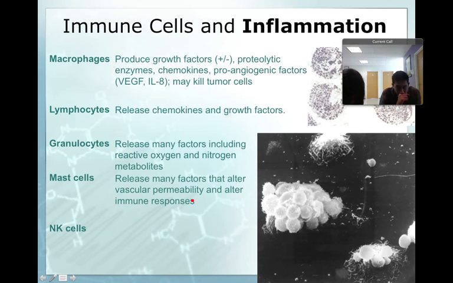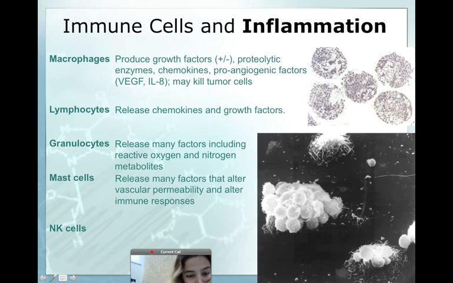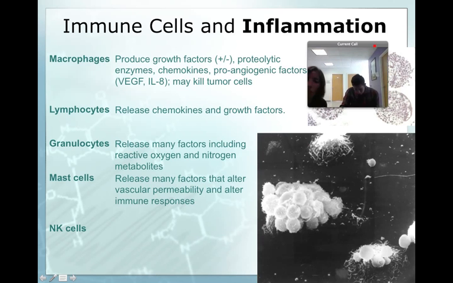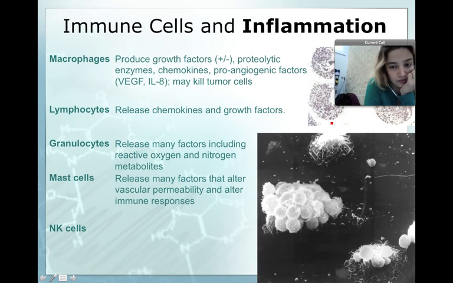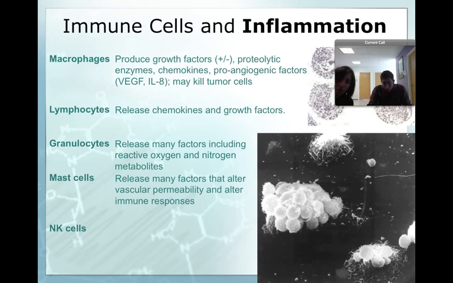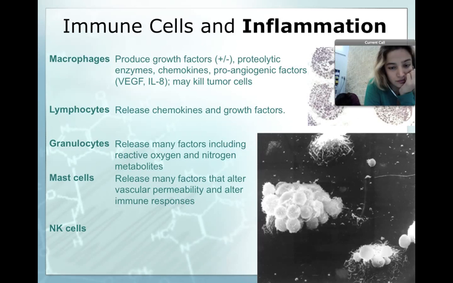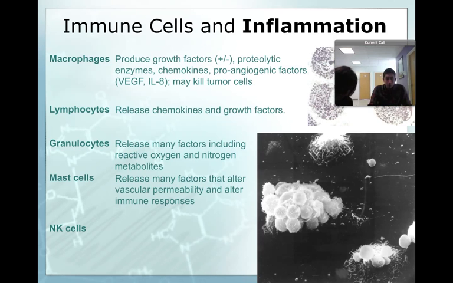Mast cells, which are here, right? This is what mast cells look like. They're full of little grains. Typically when you think of a mast cell, you're thinking of allergic reactions. So when you go outside and you have a terrible reaction to pollen, especially in the fall, what happens is that the mast cells will bind to antibody like IgE, and they degranulate.